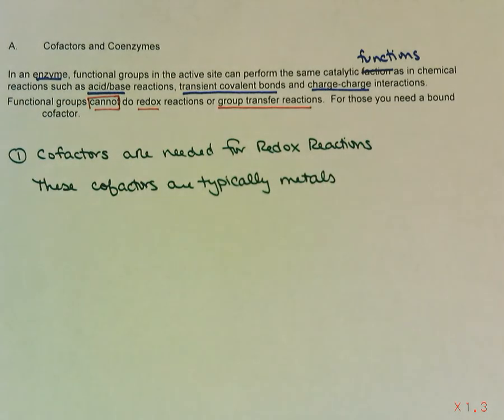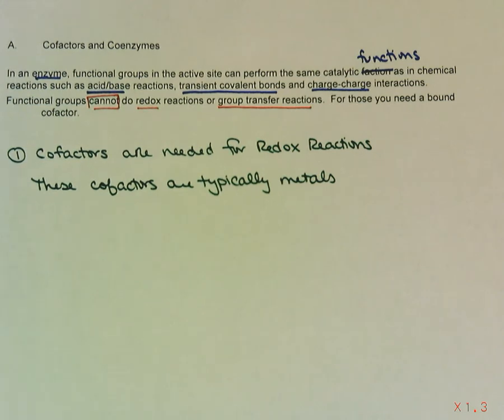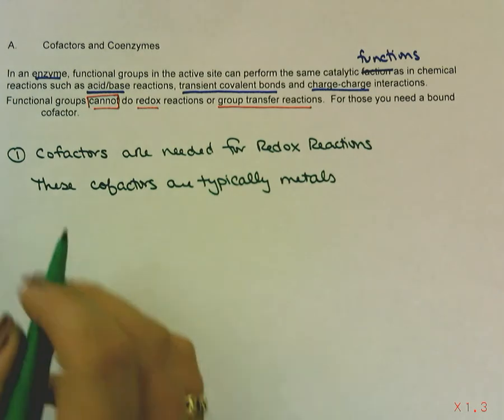Cofactors used in redox reactions are going to be typically metals. Why are metals awesome for redox reactions? Look at my periodic table. Right, they have lots of different oxidation states. They could be in 2s and 3s and 4s and 1s, and they can change oxidation states fairly easily.